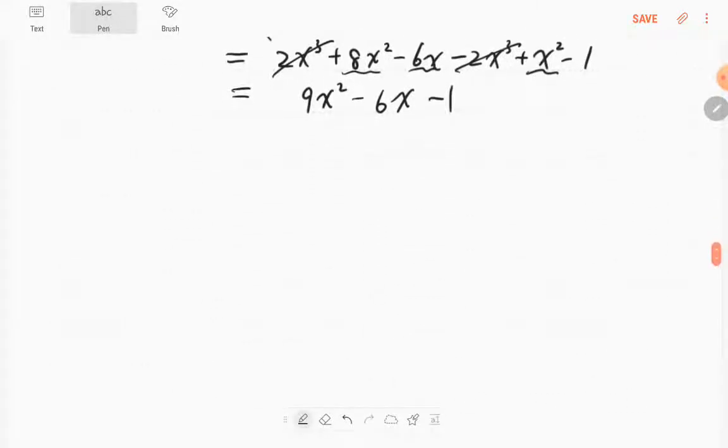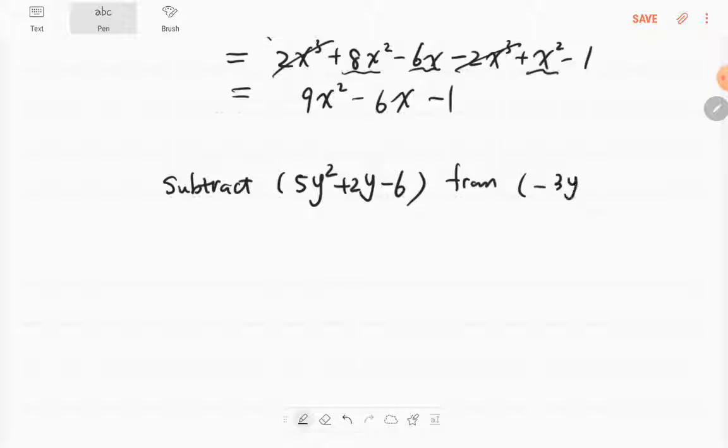Of course, just like the addition, we can always do the subtraction by using a vertical format. Let's check this example. Subtract this term from this term.